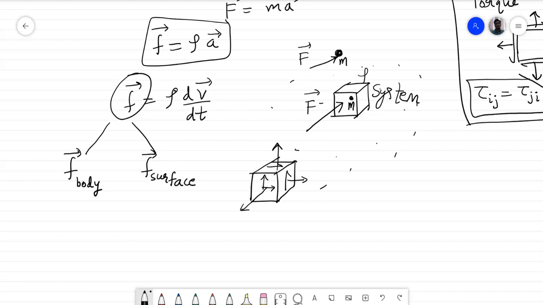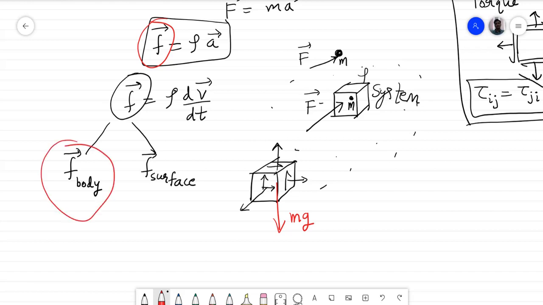And what are the body forces? Body forces act on the entire volume of this body, and one example is gravity. Gravity is a body force, but remember that here we have divided force by volume of the element.